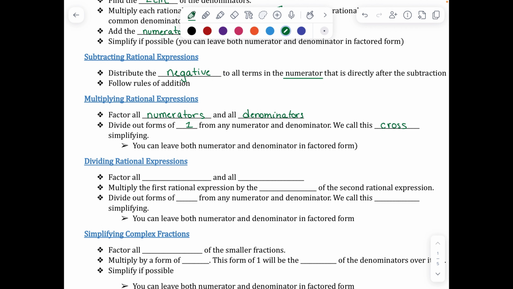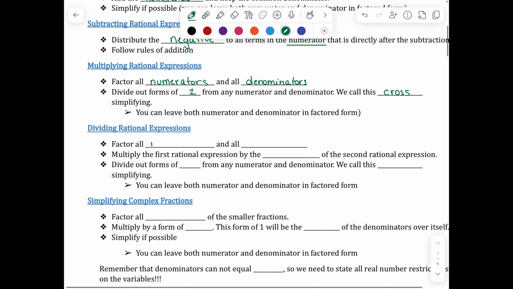Dividing rational expressions, super similar to multiplying. We're going to go ahead and factor all of our numerators and all the denominators. Then we're going to multiply the first rational expression, so the first one we have, by the reciprocal of the second rational expression.